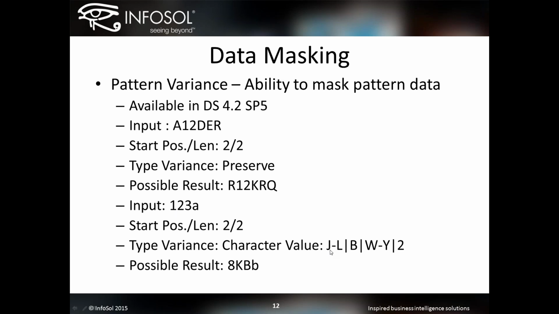It can be anything like J, K, L, A, B, and W through Y, or even a number, a 2. The first and last columns will always be randomized, and the middle 2 will be based on what you tell it to put into this character value. In this case, it picked a K and a B for you. So we have where we preserve everything, and we also have what we call character value.